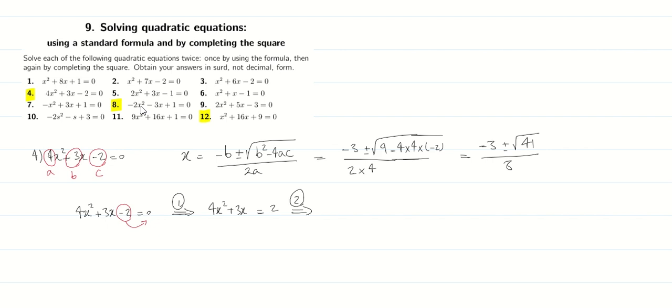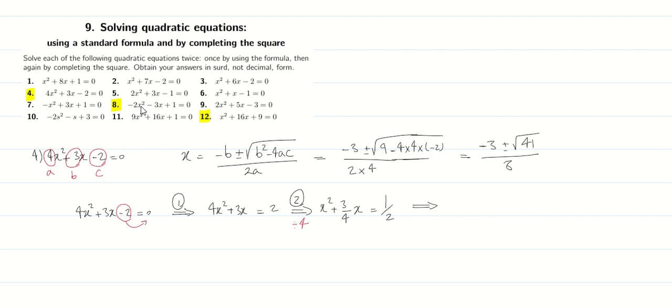So currently the coefficient of x squared is equal to 4 and we want to make it 1. In order to do so, we have to divide each of the terms in this equation by 4. So we would have x squared plus 3 over 4x is equal to 1 over 2.